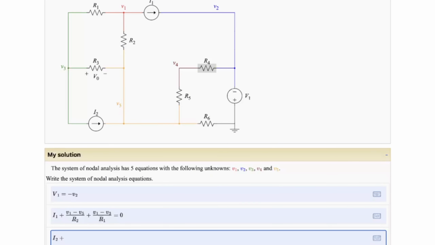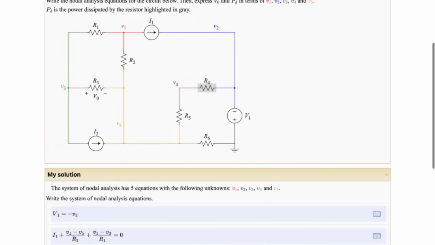Using Ohm's law, that's going to be V3 minus V1 over R1. Next, let's find the current from V3 to V5 over R3. Again, using Ohm's law, it's going to be V3 minus V5 over R3. And that's it for that one. Set it all equal to 0.